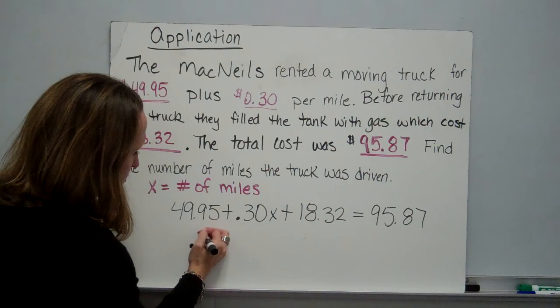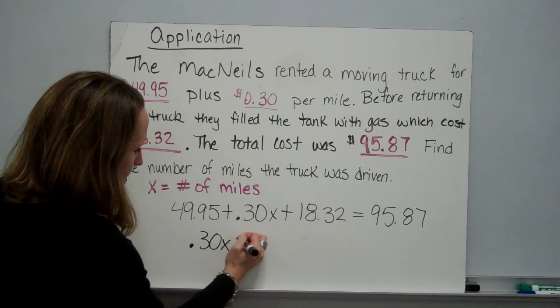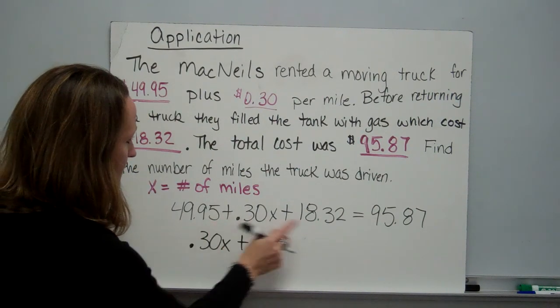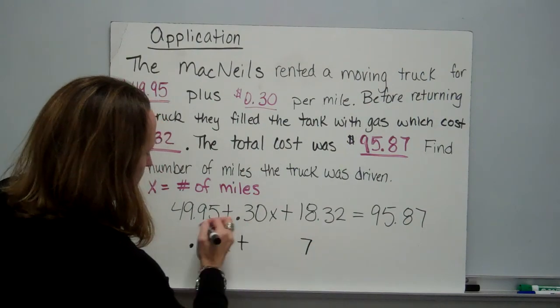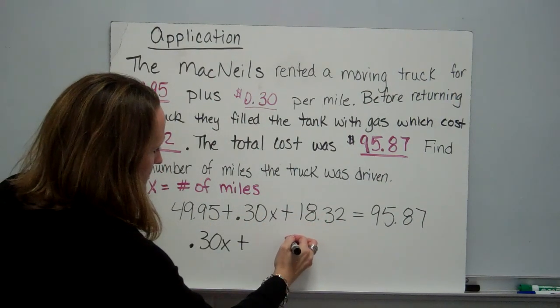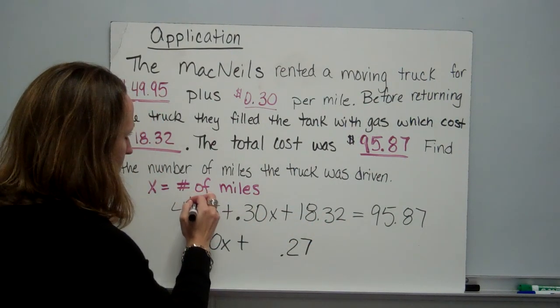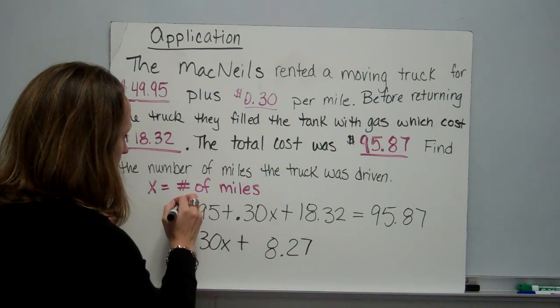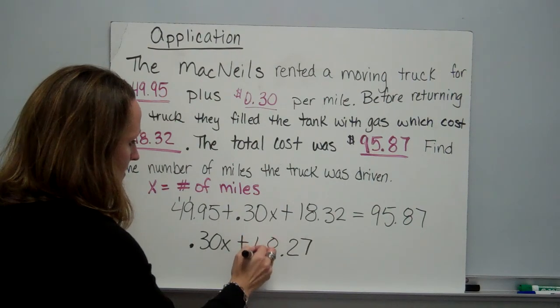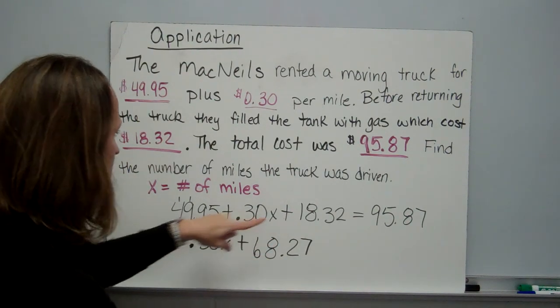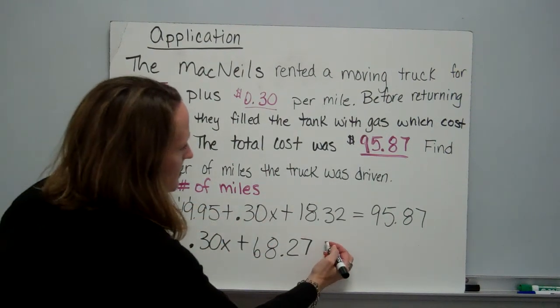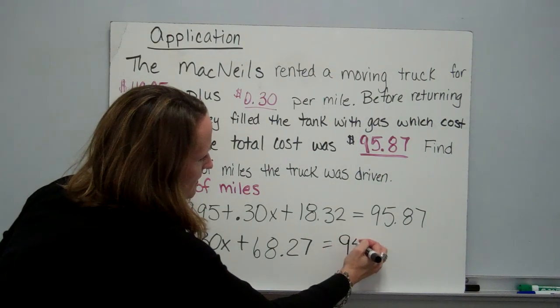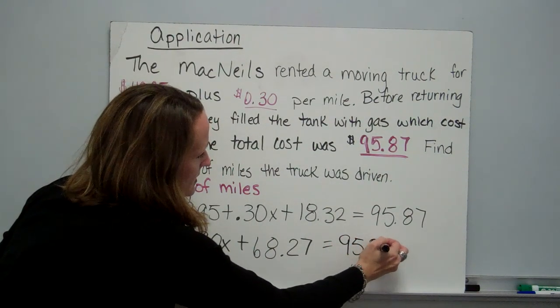So, bring my 30x forward. Everything is positive, so 5 and 2 gives us 7. 3 and 9 gives us 12. Carry my 1. This is 8. Carry my 1. So 68.27 equals 95.87.